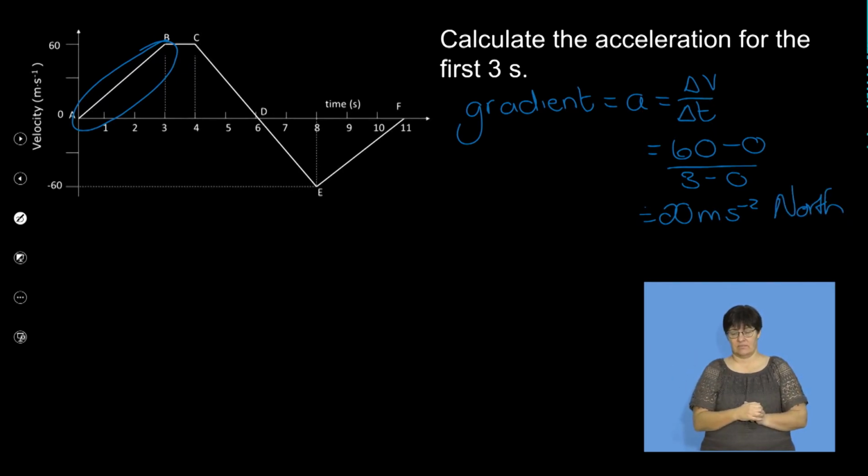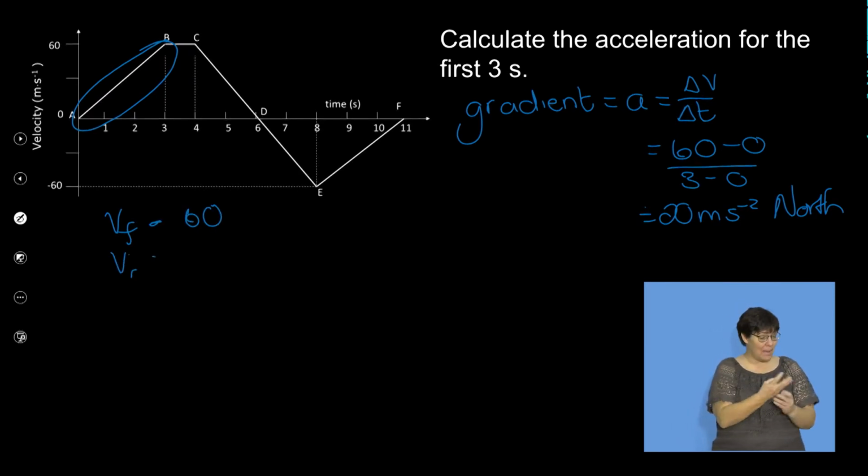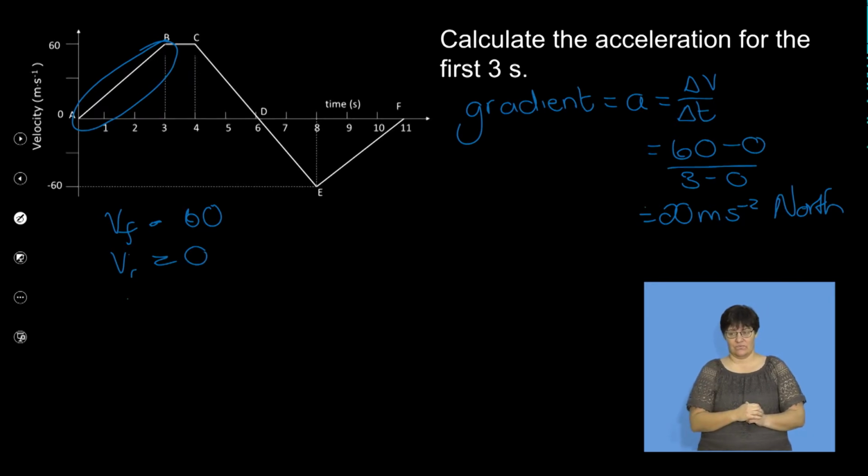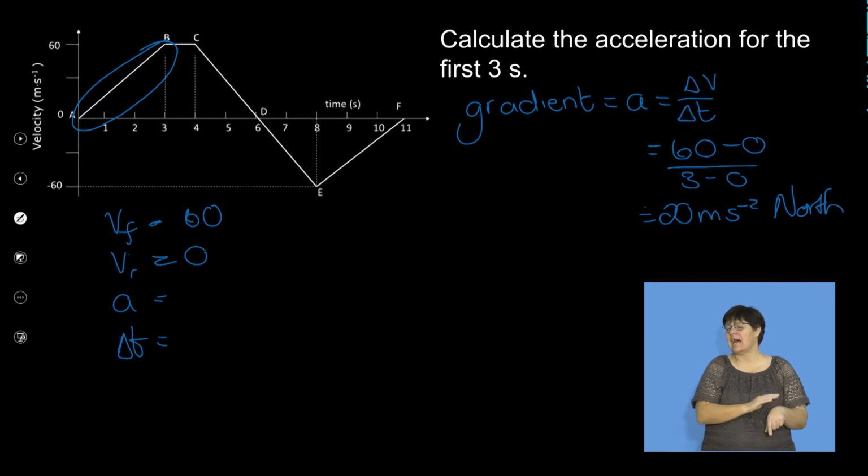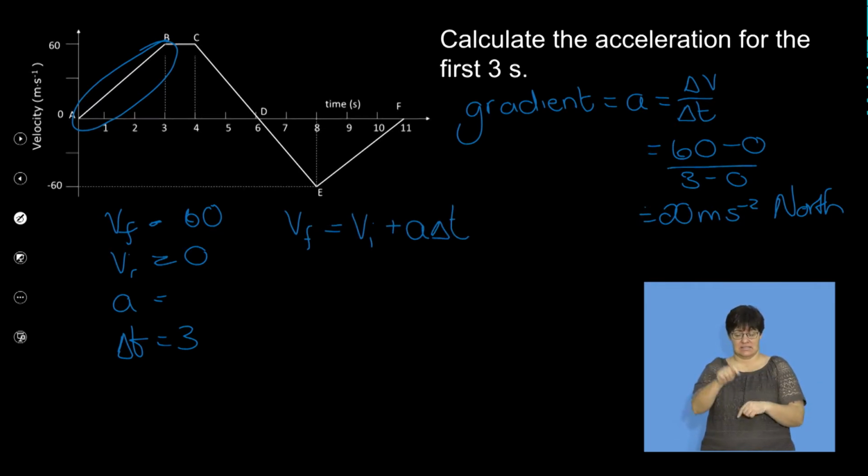So this is where the equations become nice. Final velocity, 60. Initial velocity, 0. Acceleration is what I want, and it takes 3 seconds. Well, watch. First equation, Vf equals Vi plus A delta t.